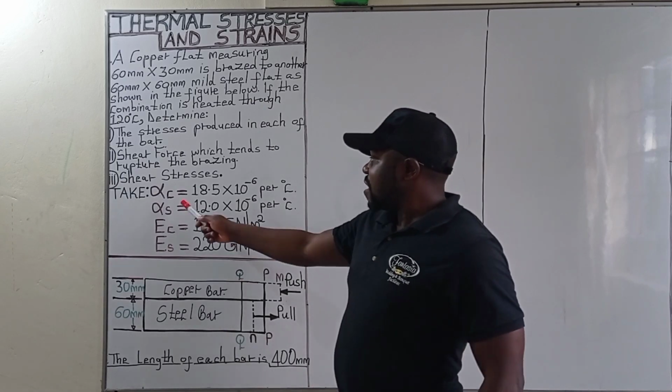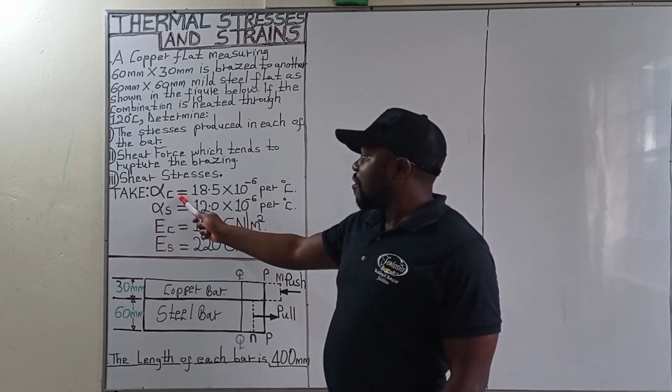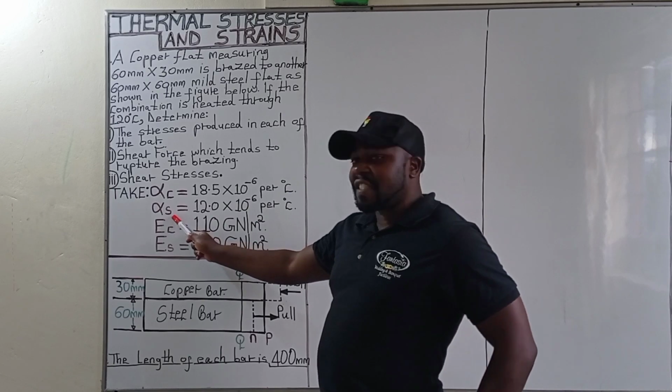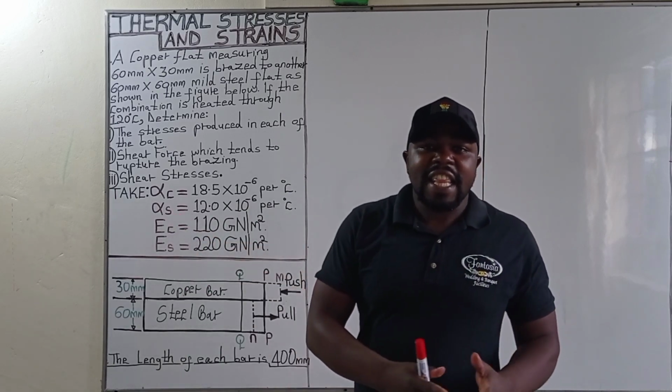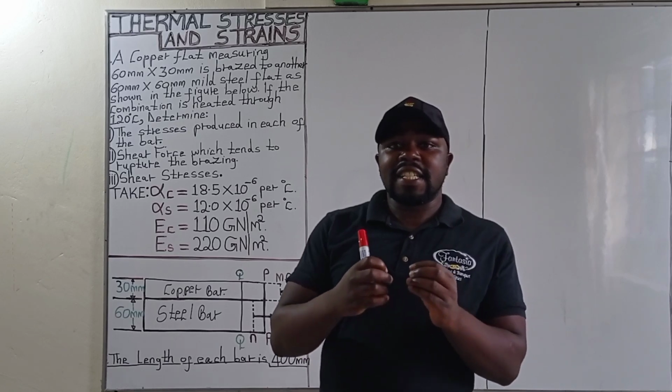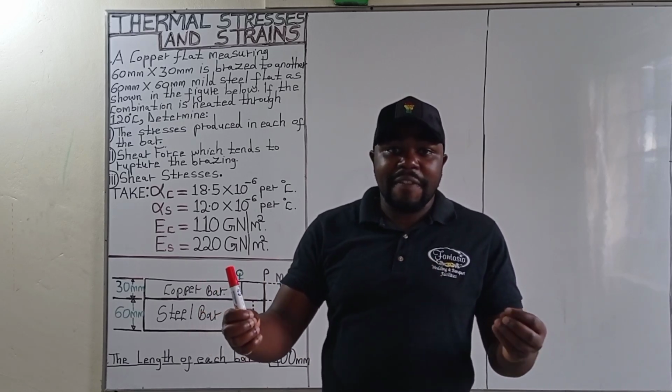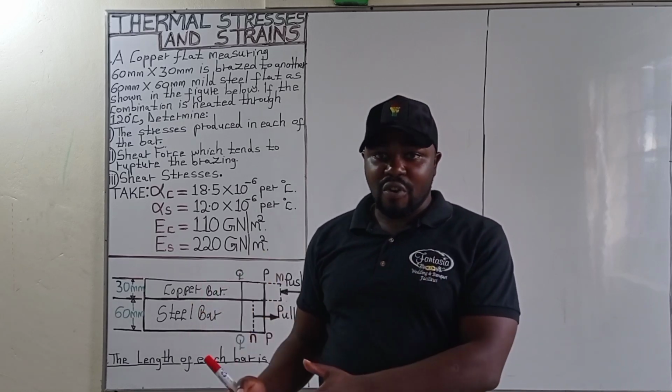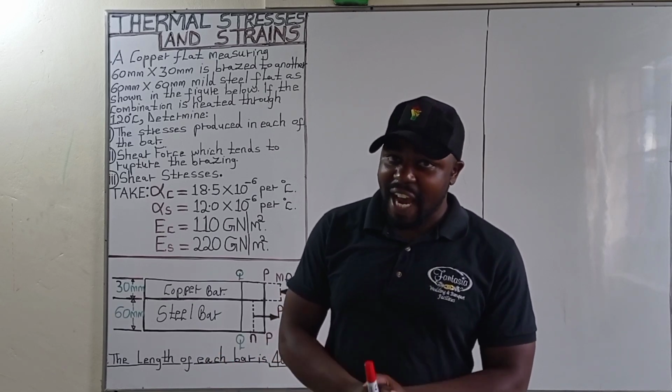As the coefficient of linear expansion of copper is greater than that of steel, the extension of the copper flat will be more than that of the steel flat.